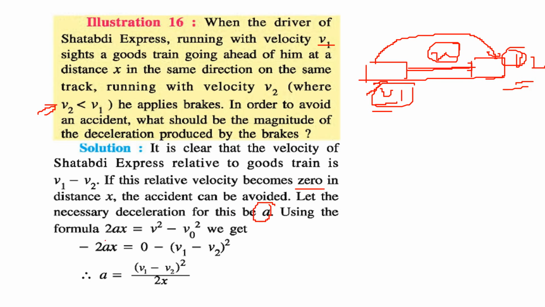We'll use the equation of motion 2ax equal to v square minus v0 square, and this v0 will be simply the relative velocity. The final velocity v will be 0 because Shatabdi has to come to rest, and a has to be minus a because this is deceleration. When we rearrange this, we get a equal to (v1 minus v2) whole square by 2x.